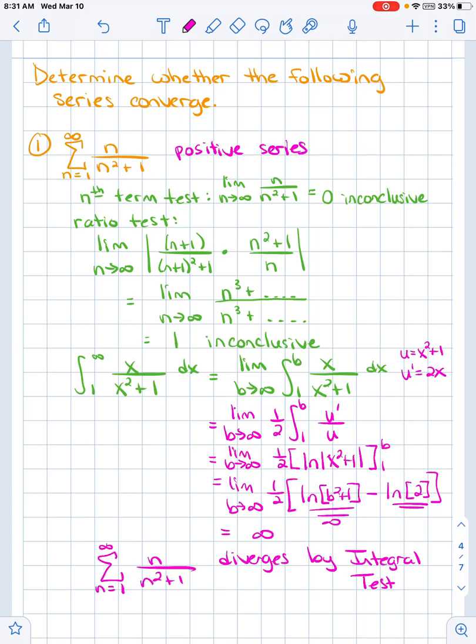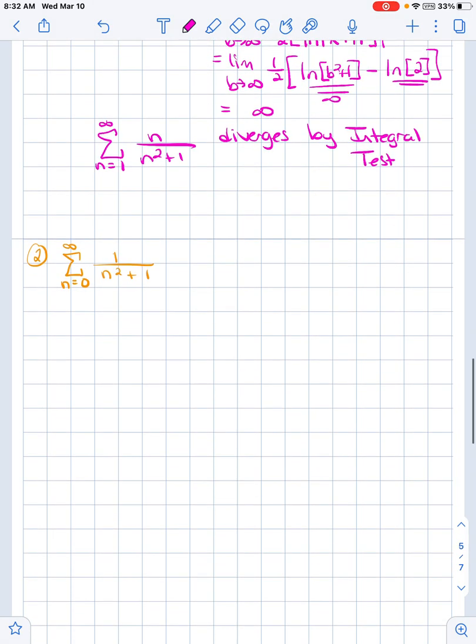Next thing, we need to make sure that the terms are getting smaller and smaller, and we can say that is true because we have n over n squared. And since n squared is significantly larger than n, we know that each term is decreasing. But we've got to check that every time before we just jump right into the integral test.